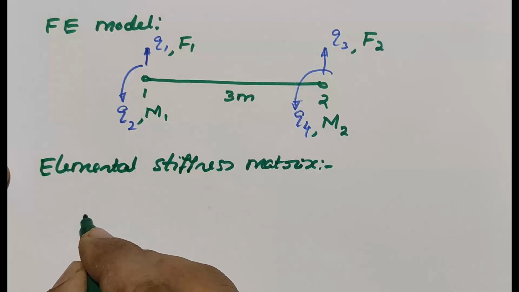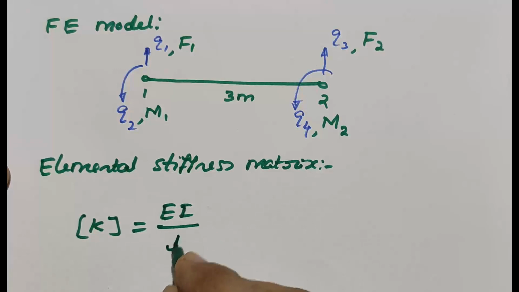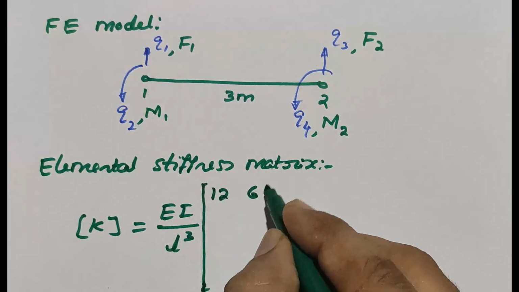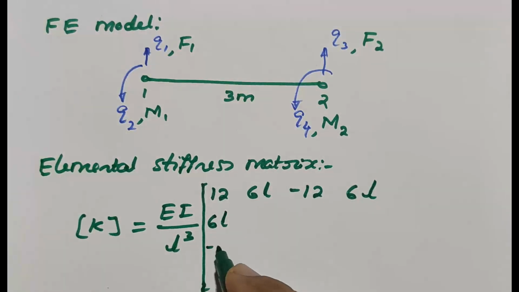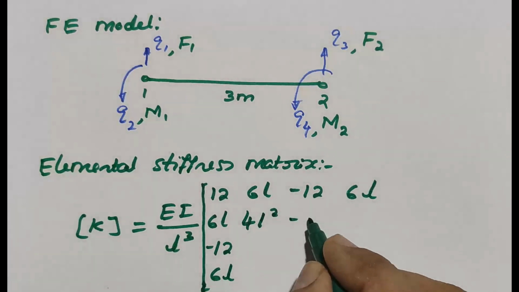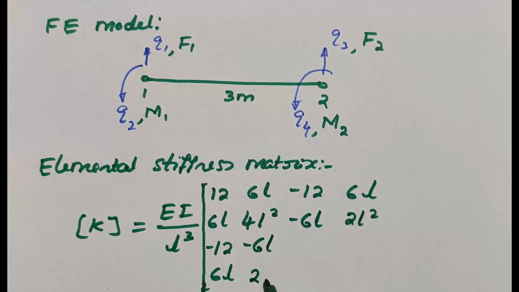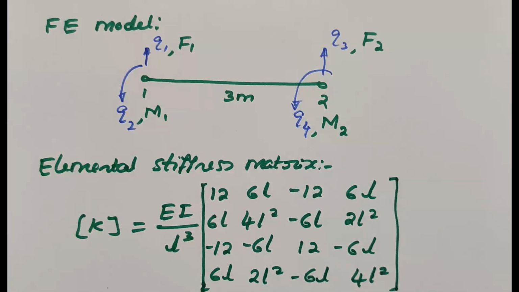So K is, the formula is EI by L cube times the matrix: first row 12, 6L, minus 12, 6L; second row 6L, 4L square, minus 6L, 2L square; third row minus 12, minus 6L, 12, minus 6L; fourth row 6L, 2L square, minus 6L, 4L square. This is the elemental stiffness matrix for a beam element.